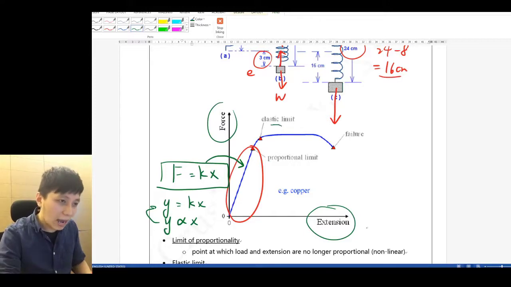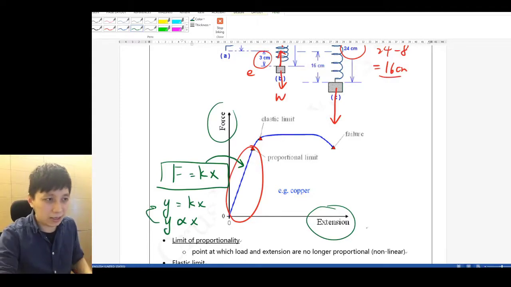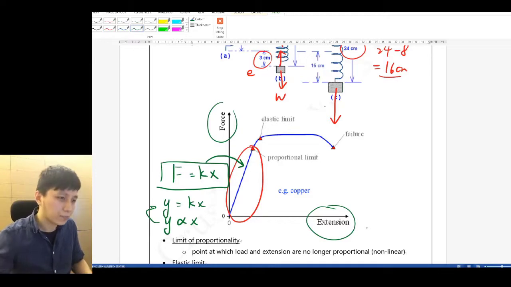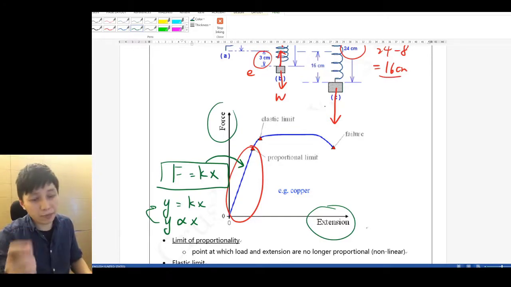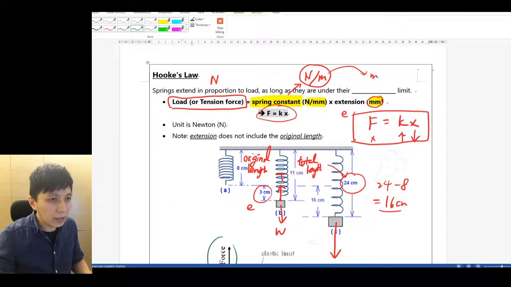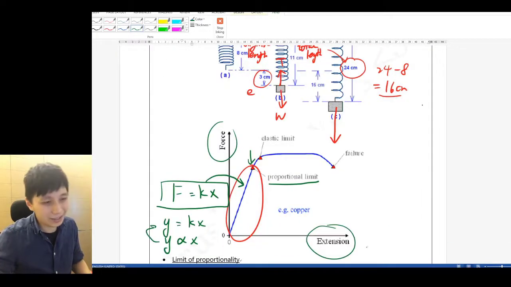So you can see afterwards, it does not really fulfill the idea, and otherwise it would go straight, I mean, if Hooke's law were always correct. So Hooke's law is only applicable to this part, and you can see only up to the part which is called the proportional limit at this point. And so that is why we will say as long as they are under their proportional limit, or proportionality.